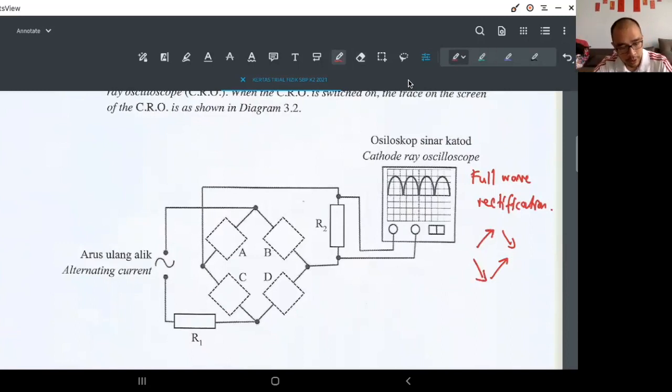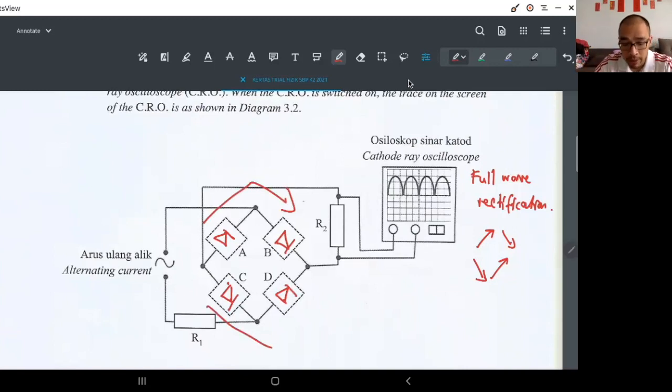So how do I arrange this? I draw the triangle like this, and then down, and then this is down, and this is up. So up, down, down, up, this way and this way. Actually, there are a few ways to arrange this, but this is how I remember it, the diamond shape. Up, down, and down, up.